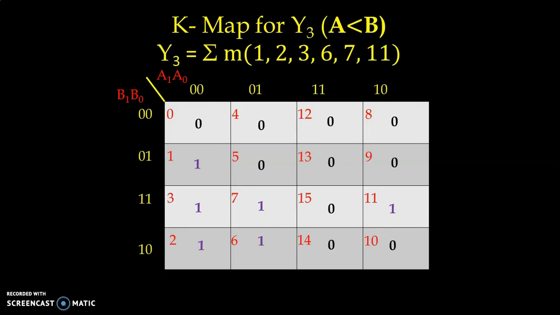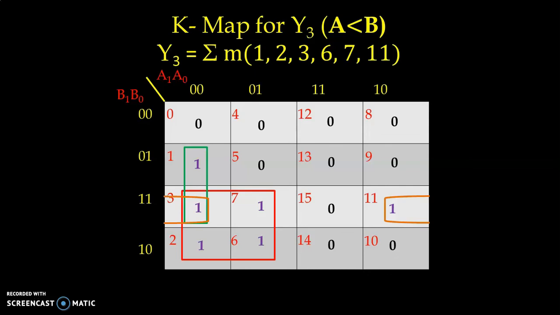Now next step, that is to prepare groups. Similar to y1, here also we have a possibility of 3 groups, 1 quad and 2 pairs. So we have 1 quad, another pair with overlapping condition, and next pair, that is a wrap around as well as overlap condition.